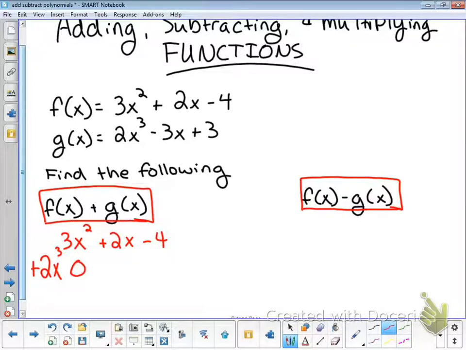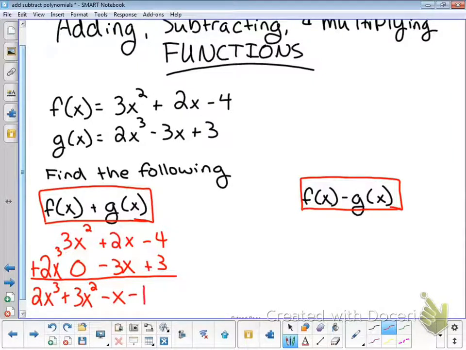I'm going to be doing minus 3x and then plus 3. I'm adding, so I didn't have to change any of the signs. So I've got 2x cubed plus 3x squared minus x minus 1.